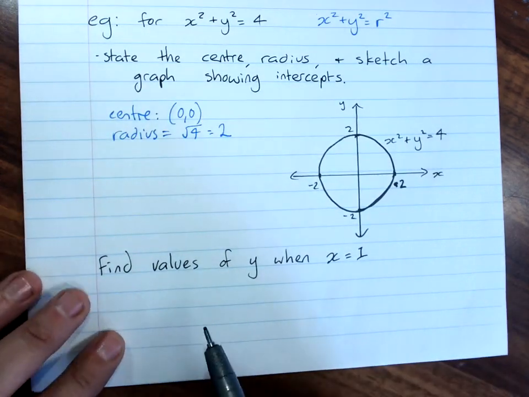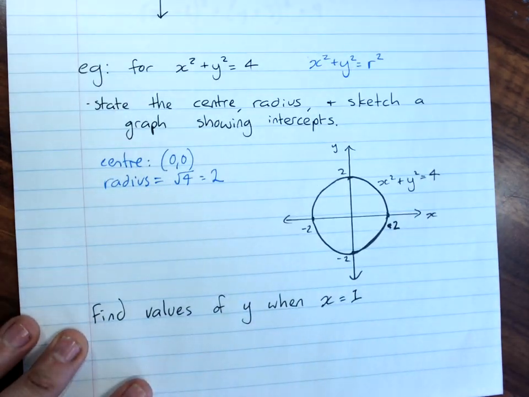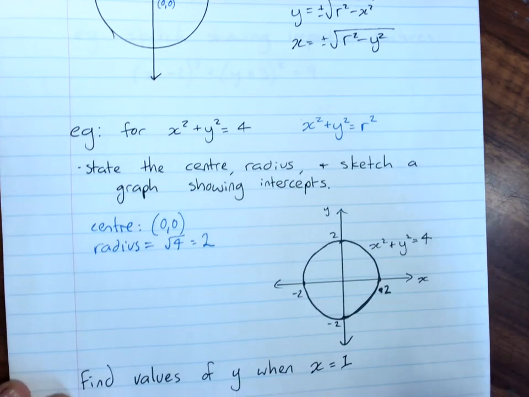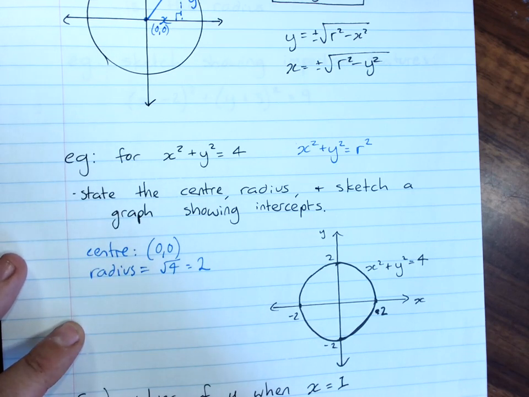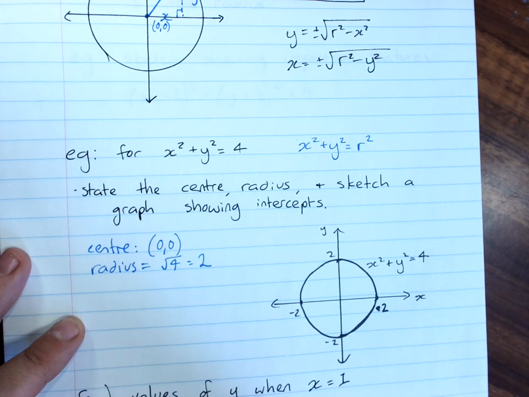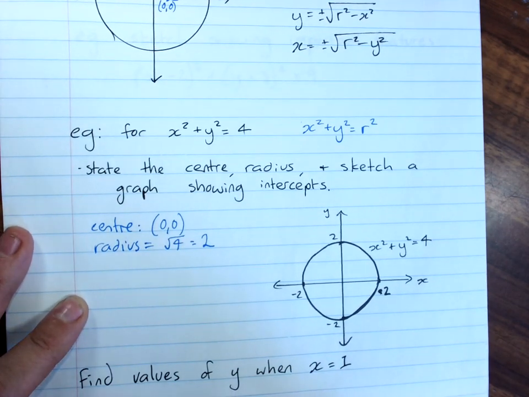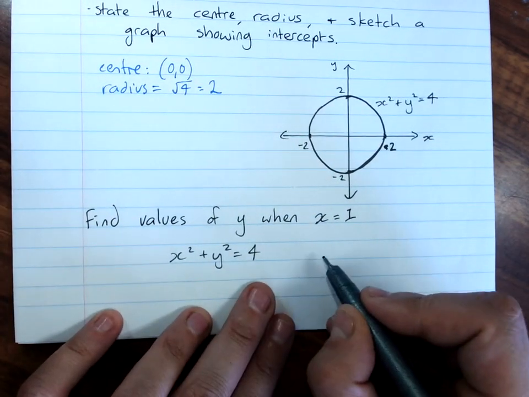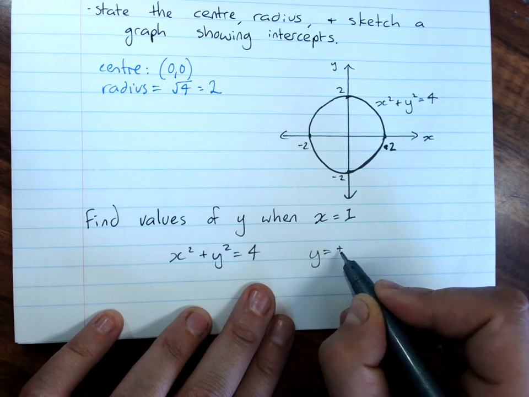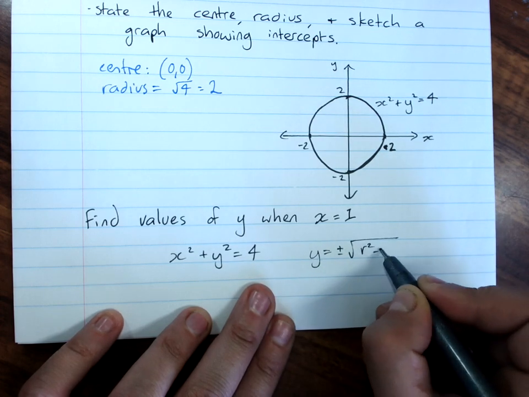Just as an extra little option here, find the values of y when x is 1. X squared plus y squared equals 4. Or, of course, you could use the rearranged version, which is y equals plus or minus the square root of the radius squared minus x squared.